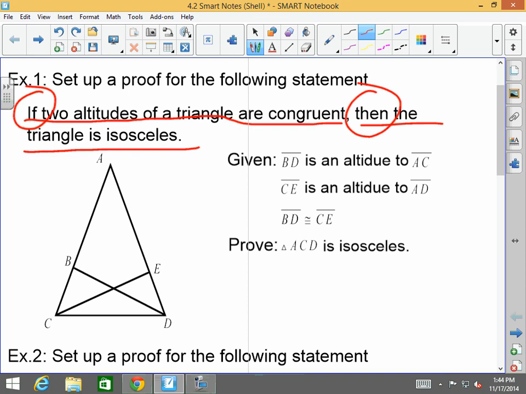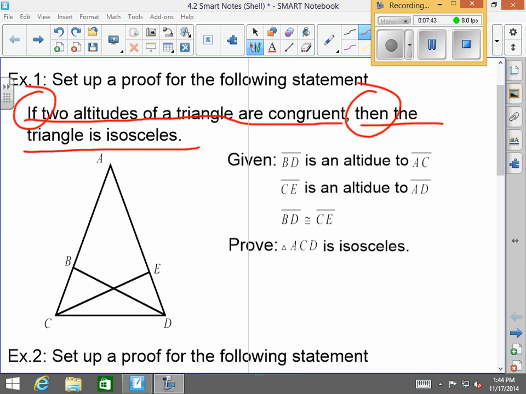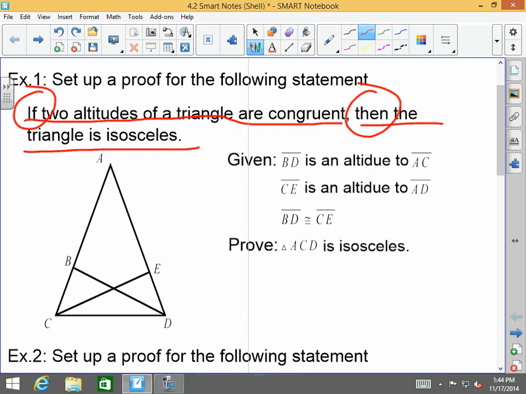Now, I promised you that we're not going to do the proof for this one, but let me just run it down with you guys, okay? Thanks for your patience as always, guys. Let me just run down the proof right quick. We know that BD is congruent to CE.